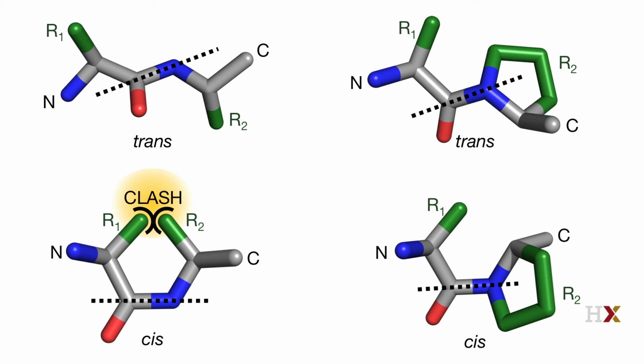Recall that prolines are cyclic amino groups, and that means that the steric clash is similar in both the cis and trans conformations. Since the trans conformation is now as bad as the cis one, it is much more likely for a cis peptide bond to occur before a proline. And note that it is the peptide bond on the N-terminal side of prolines that is affected.